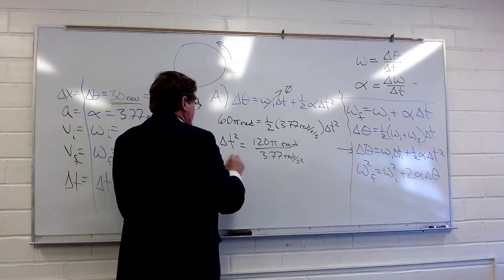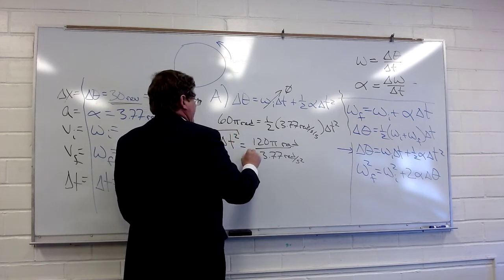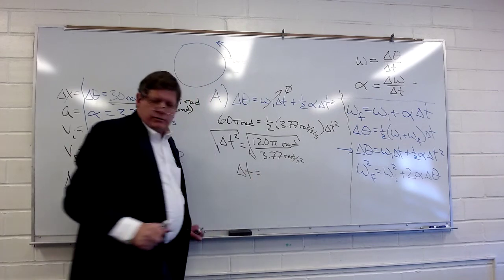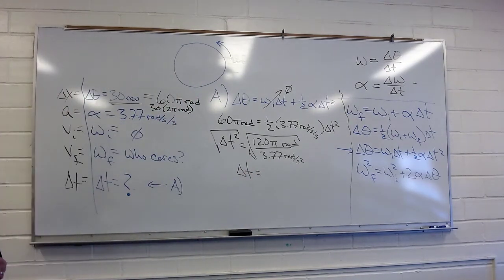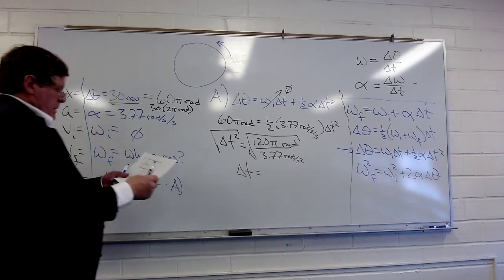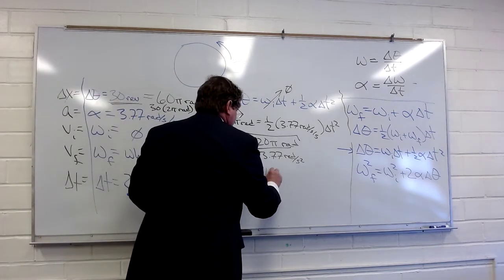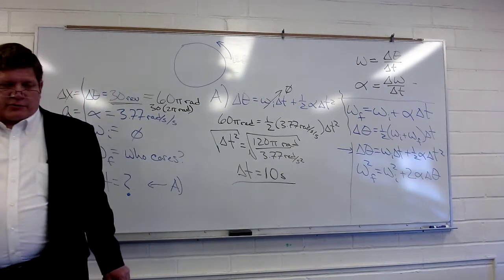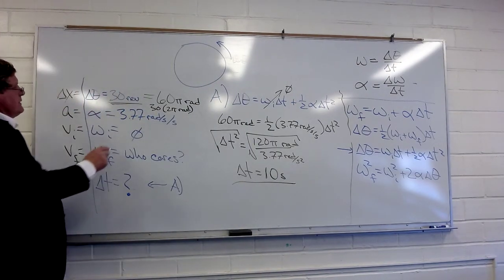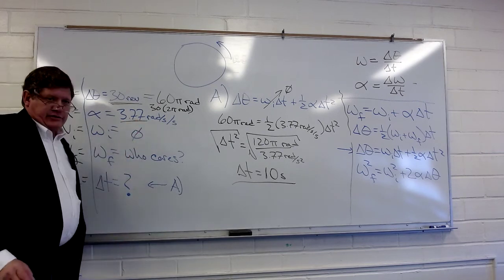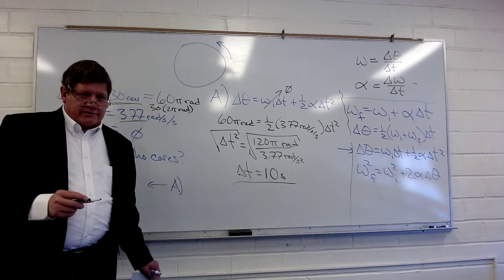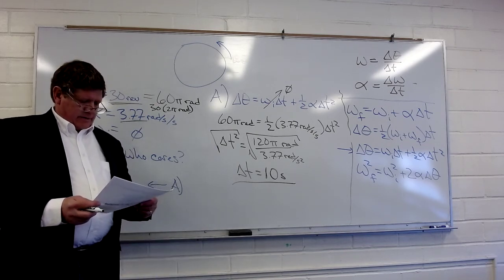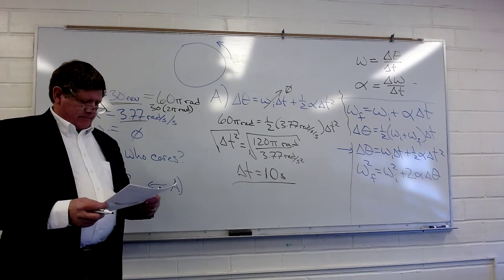And if I take the square root of both sides, what I get is delta t is equal to, oh, look at that, 10 seconds. Looks like the numbers were cooked, don't you think? Looks like we chose that number just right so that it would turn out to be a nice clean number that we could easily write down.